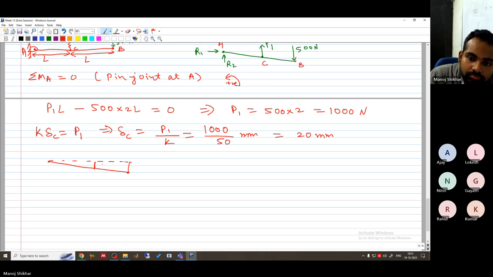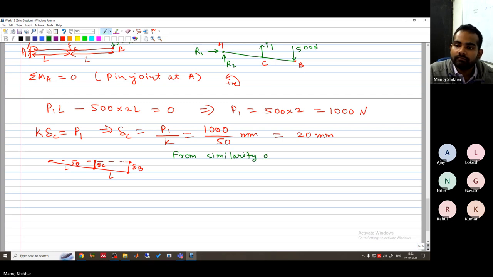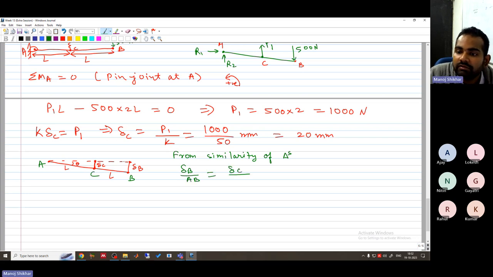So this is length L. And this is length L. So from similarity of triangles, delta B upon AB equal to delta C upon AC.